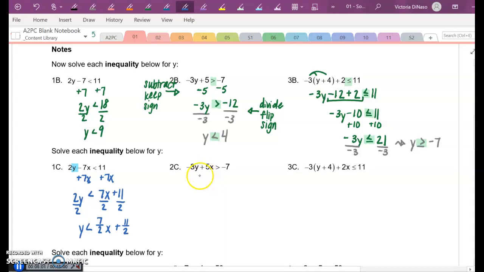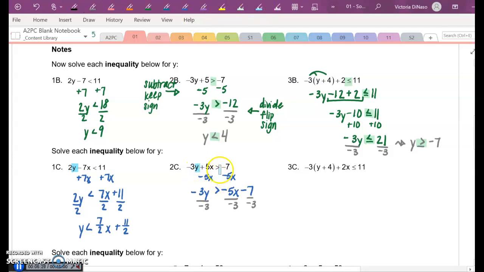Number 2C, I'm going to start by subtracting the 5x on each side. So once again, subtraction does not change the sign. So we have negative 3y is greater than negative 5x minus 7. I'm going to divide now by negative 3, and when we do so, the inequality is now going to flip.